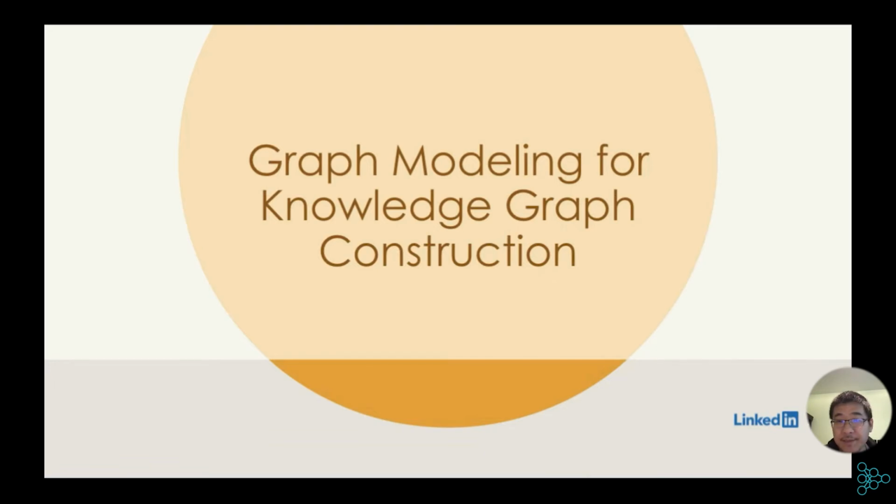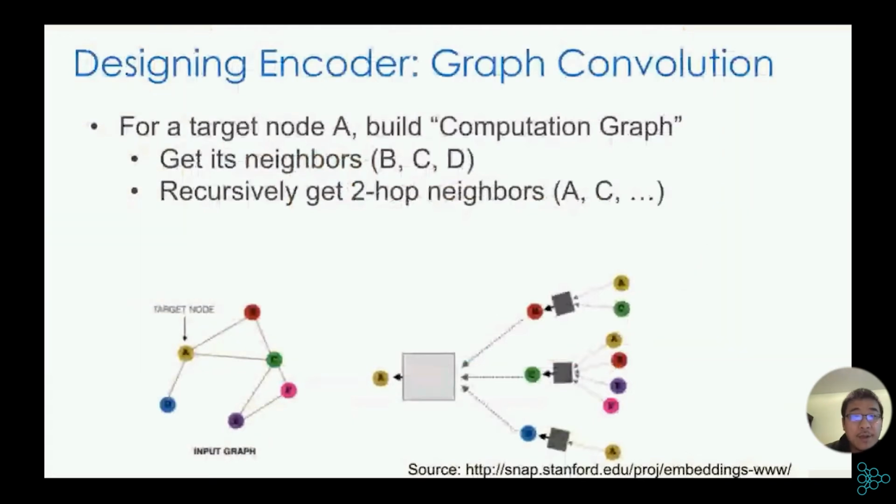We use a very advanced technology called GNN, the graph neural network. It's a very advanced deep learning model. The reason we use the GNN is that it is very suited to graph structure.